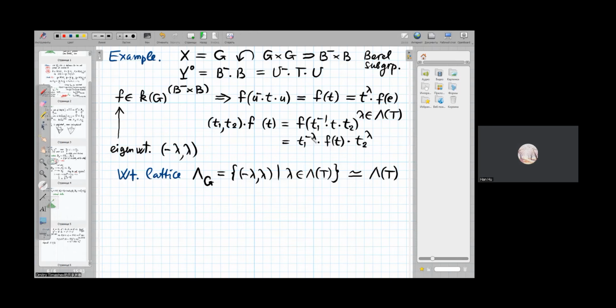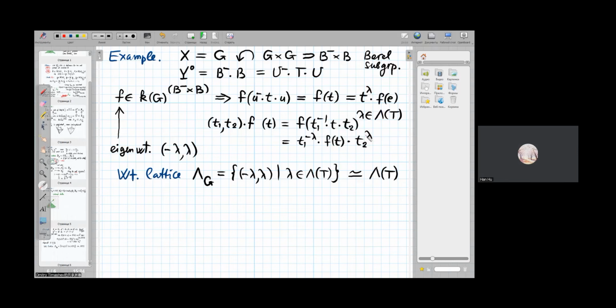So the lambda is corresponding to acting on the right. Exactly. This lambda is corresponding to the action on the right as is visible from this line. And then minus lambda will be corresponding to the action on the left. So this is the weight lattice.